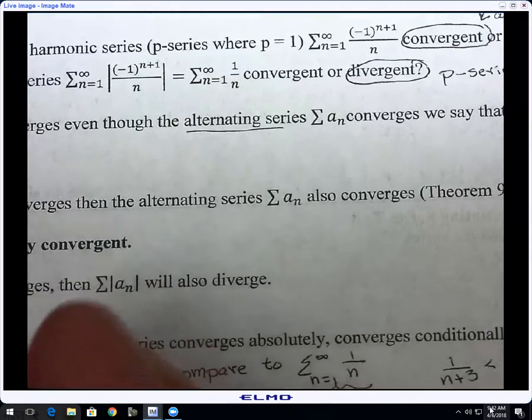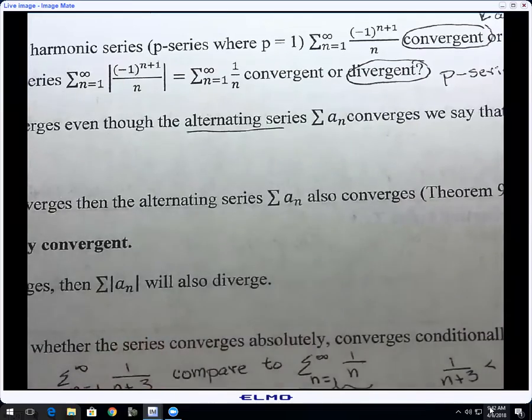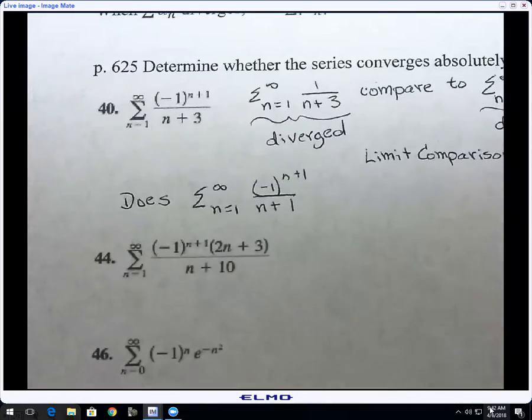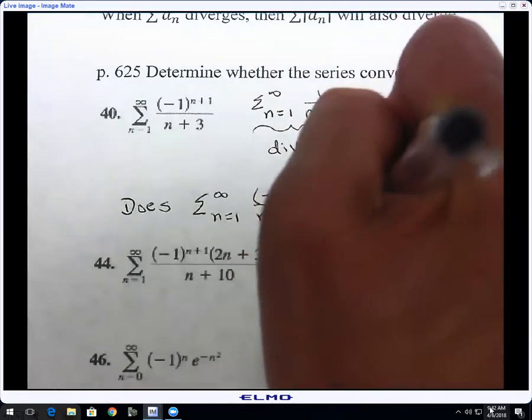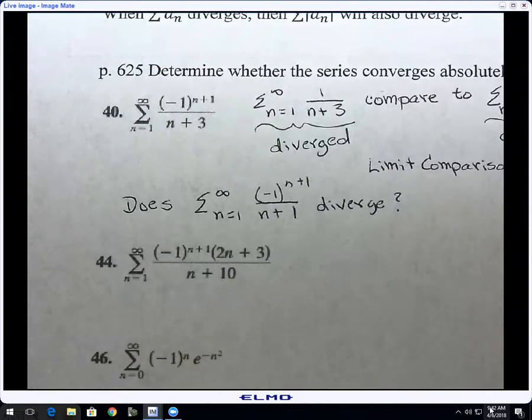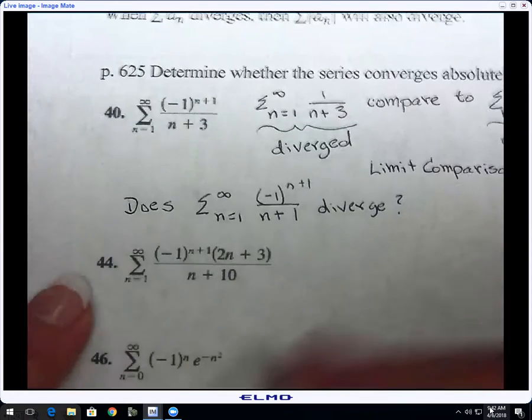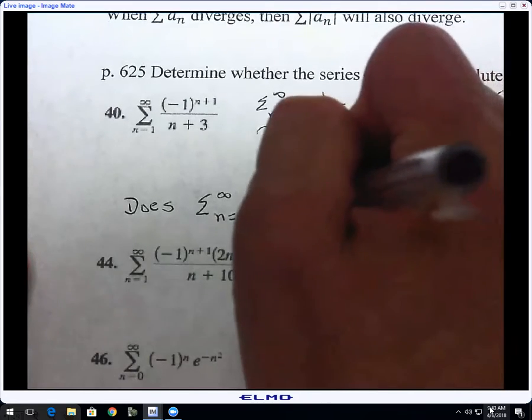And so what about the alternating series? What does it do? The limit as n goes to infinity equals 0. Yeah, I could either say converge or diverge there. Let me change it to converge.